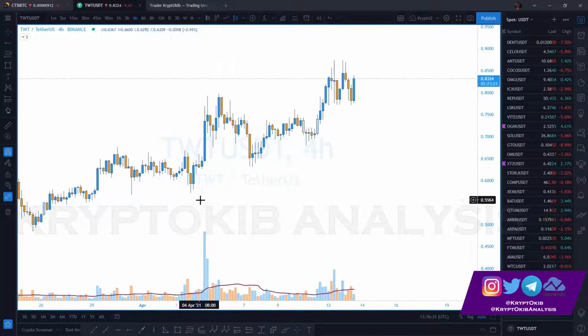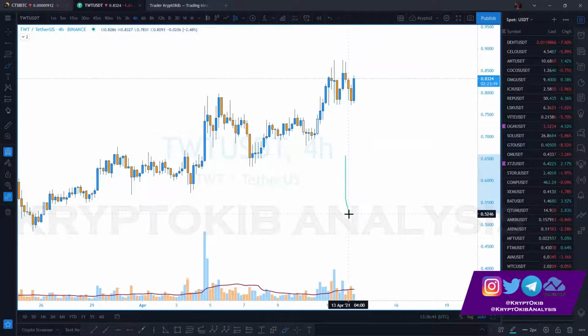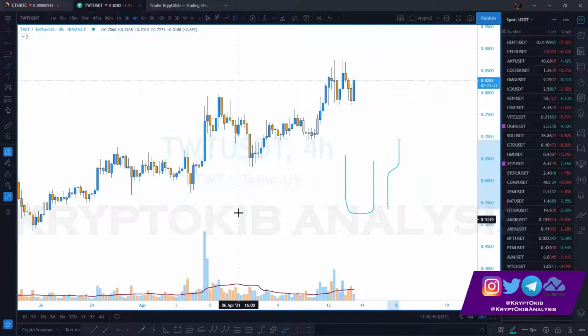So as you already know, zones form due to drop, base, rally, and rally, base, rally. That is for a demand zone, and then rally, base, drop for a supply, and drop, base, drop.